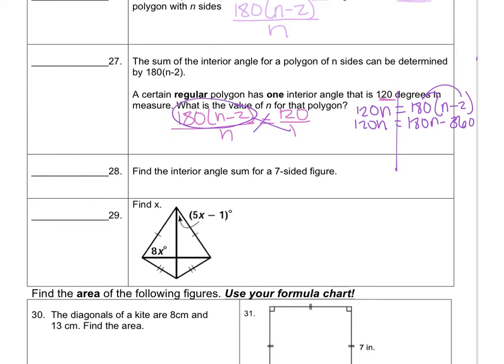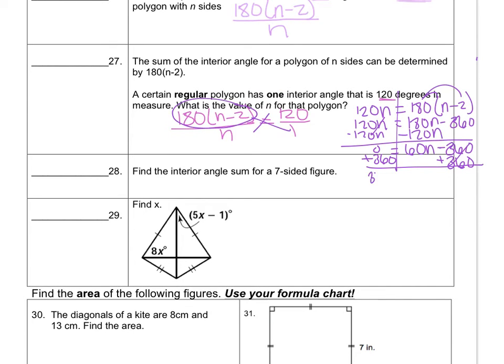Okay, you're solving for n. So I'm going to move my smaller variable. I'm going to subtract 120n on both sides. Okay, if you do 180n minus 120n, you're going to get 60n. Bring down your negative 360. Oh, this is 0, sorry. 0 is a number, that's fine. You're solving for n, so get rid of the negative 360 by adding 360 to both sides.